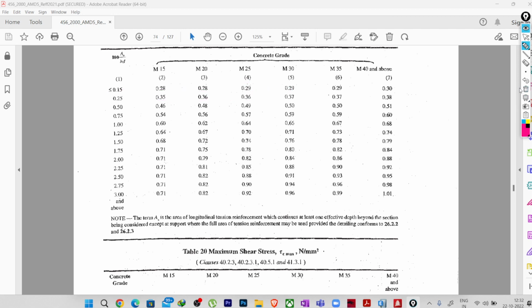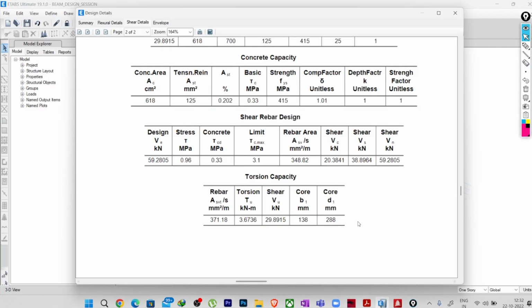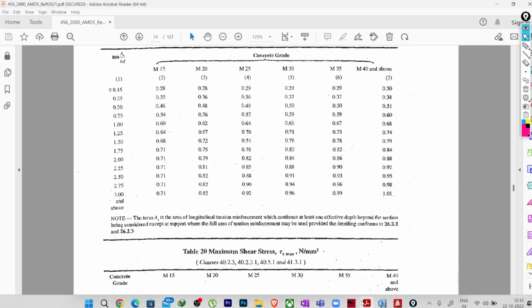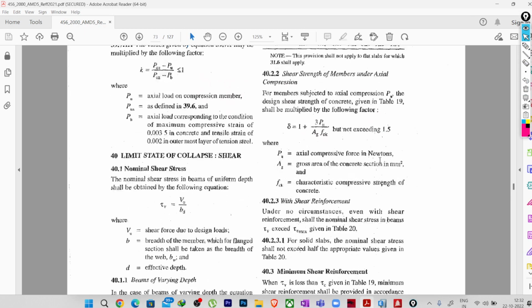Now you will see that in ETABS there is one more thing that we can see, this delta. What is this 1.01 delta? This 1.01 delta is actually this one. Everything is there in the code. If you read the code properly, you will find everything here.